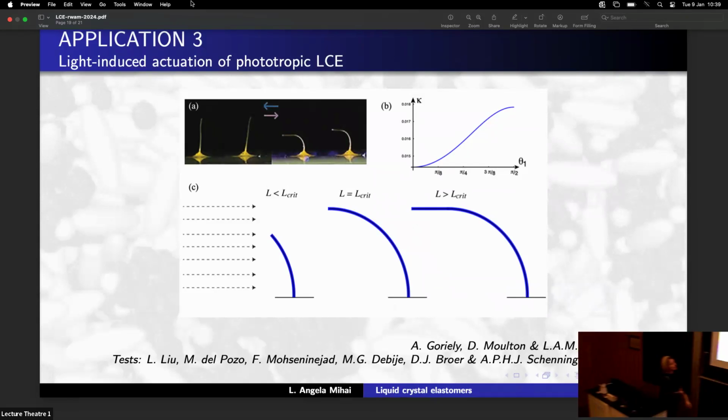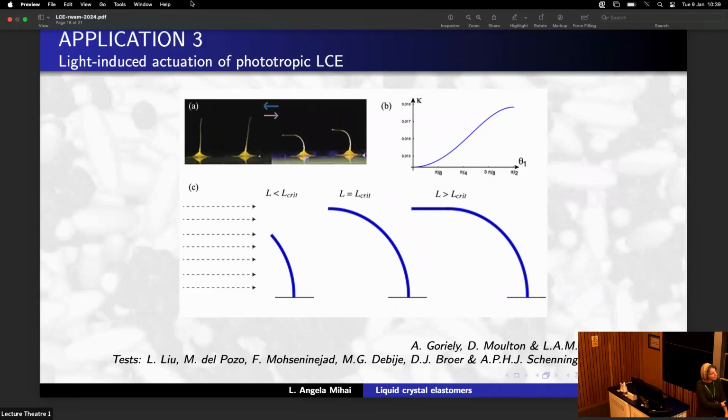Okay, so one last thing to mention, because I keep mentioning light response as opposed to heat response of the elastomer. For these, if special dye molecules are cross-linked in the material, then the elastomer can respond to light just in the same way as it responds to heat.